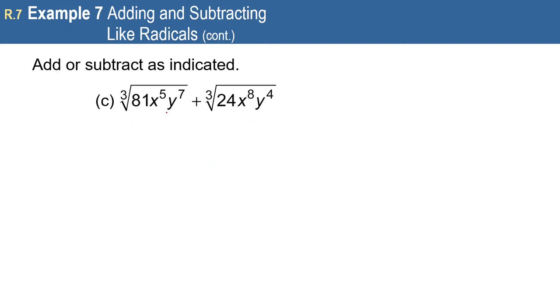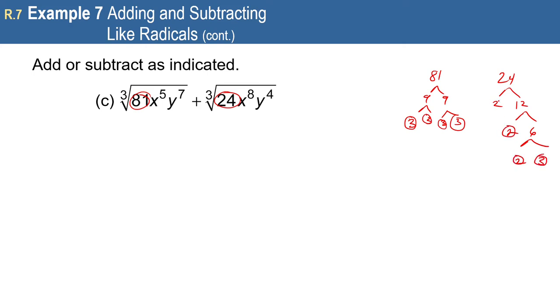In example 7, we'll break down 81 and 24 using our factor tree. 81 is 9 times 9, 3 times 3. And so 81 is 3 four times. For 24, that's 2 times 12, 2 times 6, 2 times 3. 24 is 2 times 2 times 2 times 3.